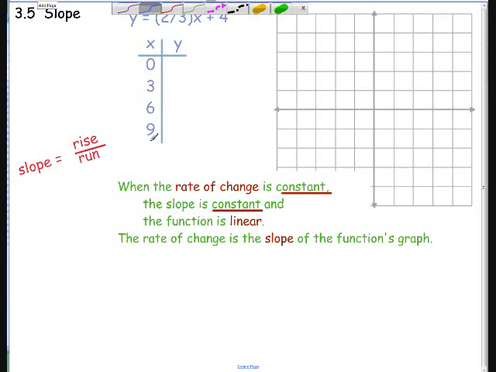Here's a table of values, and let's take a look at this equation. We have a slope of 2 over 3, and we have a y-intercept of plus 4.